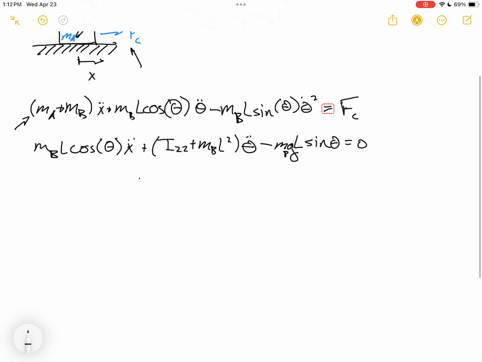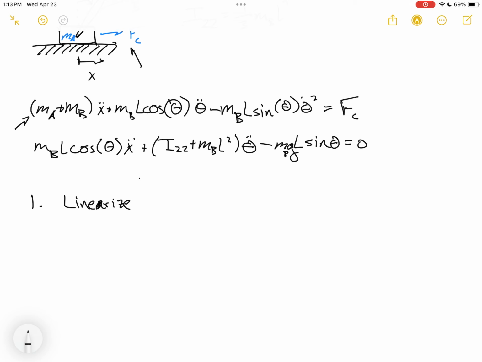So we're going to be doing a few things in this video. The first thing that we're going to do is linearize the equation. This is a nonlinear set of differential equations. We see sine theta, cosine theta, theta dot squared. All of these are nonlinear terms that make analysis more difficult.